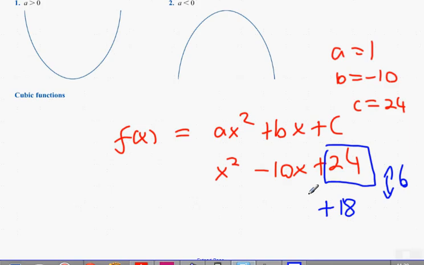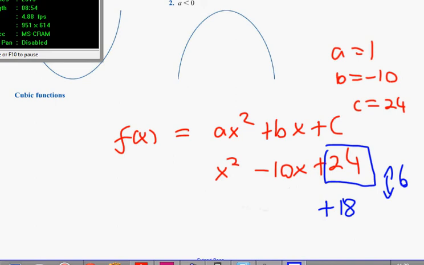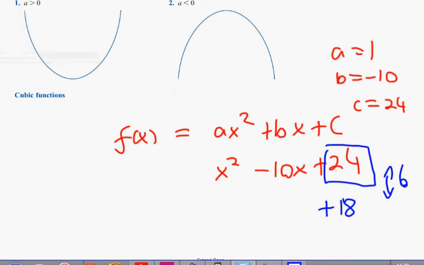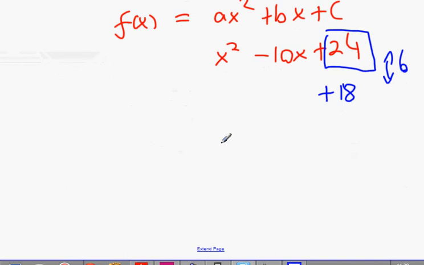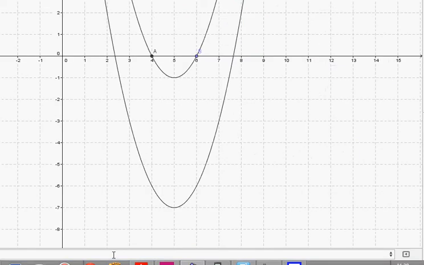Let's examine what happens when we change the b value. This time we're going to change the middle value to minus 12x plus 24. So we're going to see what happens when we change the middle value.